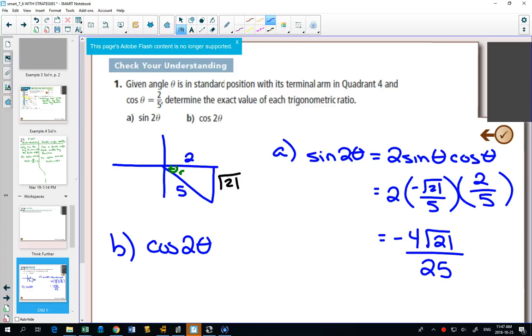So our double angle formulas are right here, and here are our 3 cos ones. I want you to consider the question, read the question again, and then in part B, make a decision which one you think would be the best one to use. And then I'll tell you which one I think would be the best one to use. Even though all 3 of them will give you the right answer, but one is better than the others.